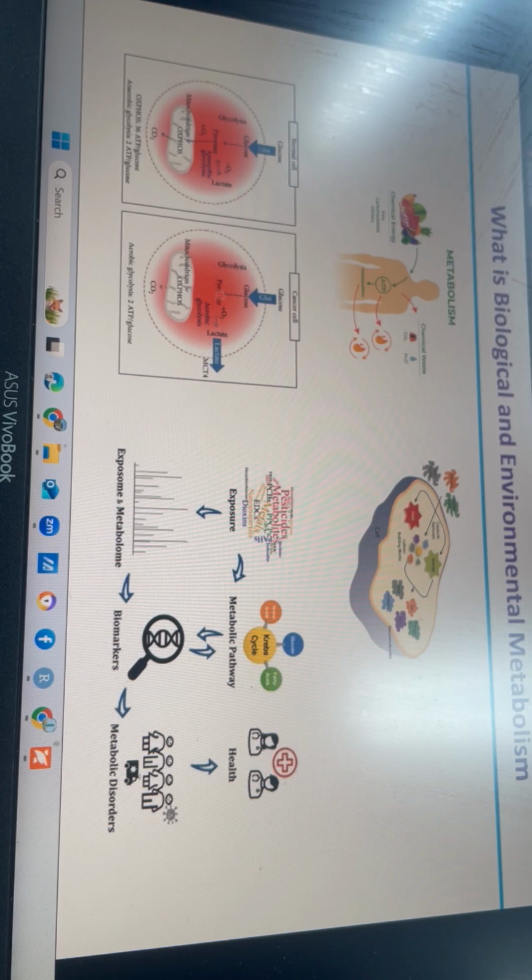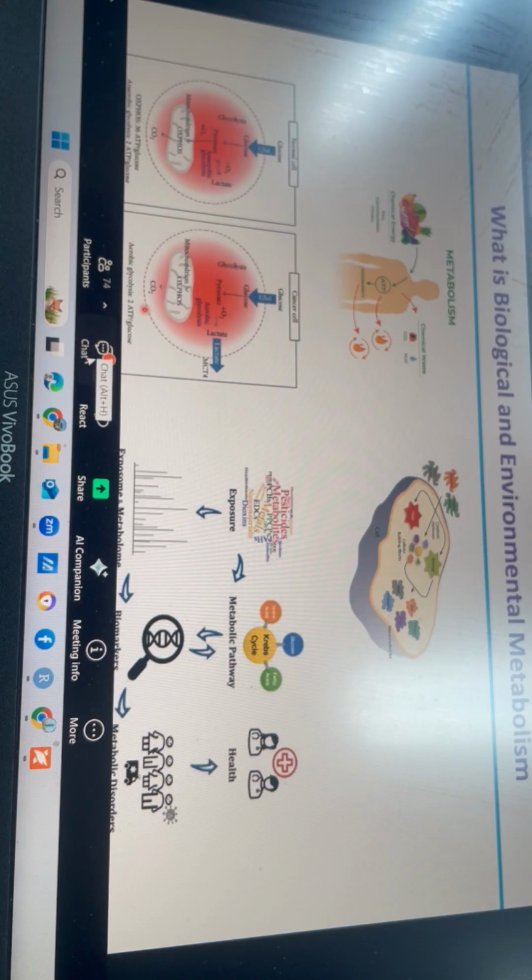Pyruvate is supposed to go inside the mitochondria and generate ATP, but it's hijacked by the cancer cell, and pyruvate goes directly to lactate, and that's why we do not get ATP in cancer cells. So that way, if you have a cancer cell and a normal cell, you can identify what's happening at the metabolism level.